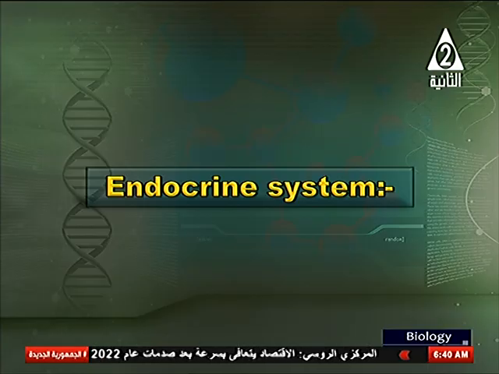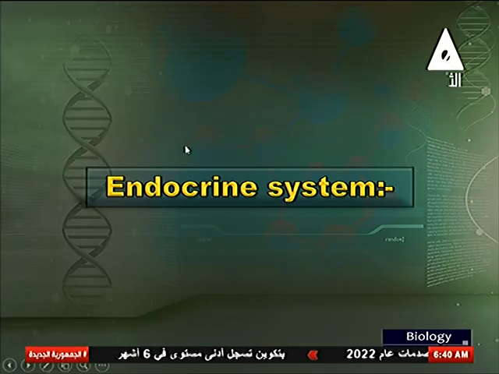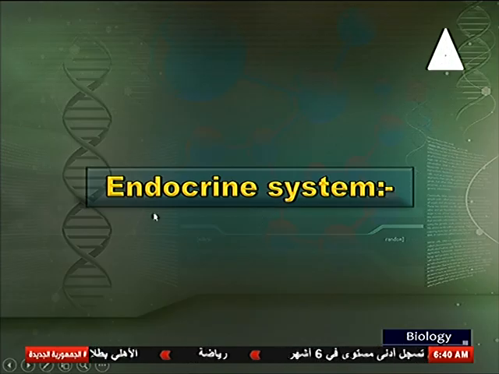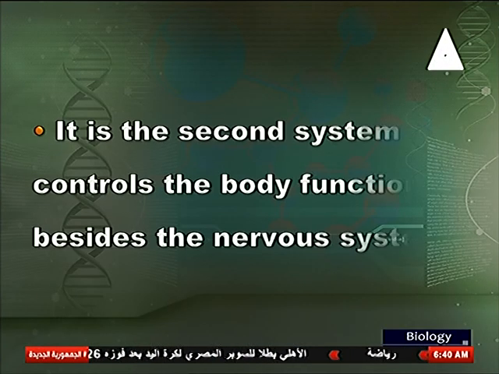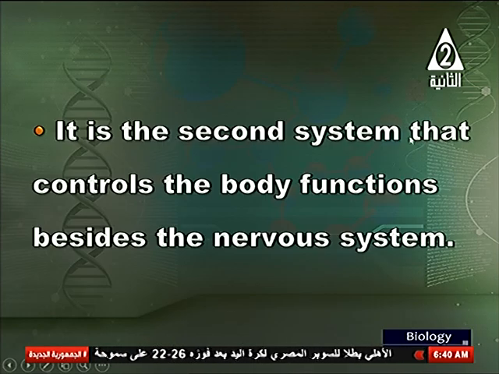We will study the first system, and the only system in this chapter, the endocrine system, because we speak about hormonal coordination, and hormonal coordination is related to the endocrine system. What is the meaning of endocrine system? It is the second system that controls body functions besides the nervous system.